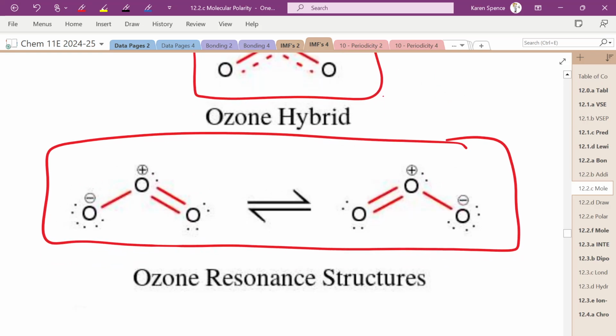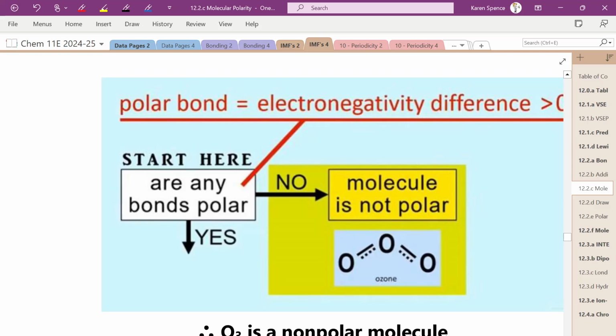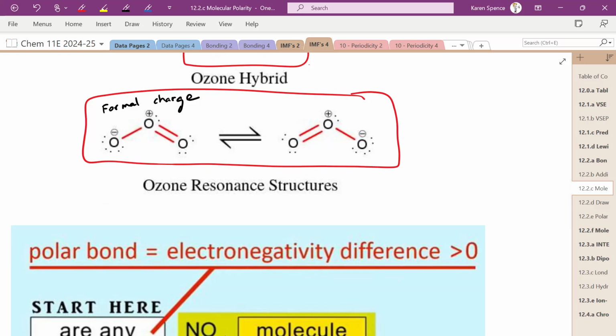So you would have to look at, these are our formal charges. And both of them, the formal charges give you positive. I don't think you're going to get that on the AP exam. I'm not going to give it to you on your test either. So it is polar. Oh, this one says it's a nonpolar molecule, but I don't know.